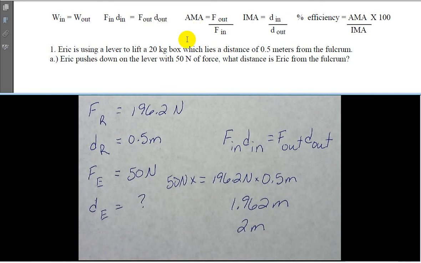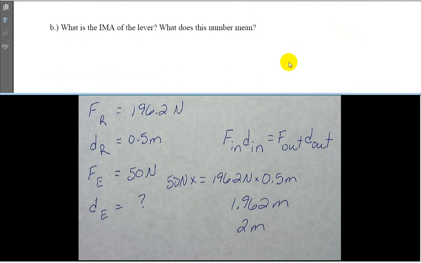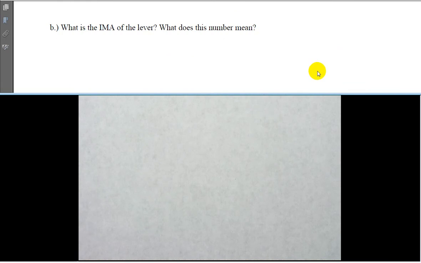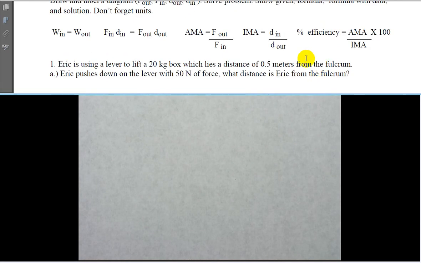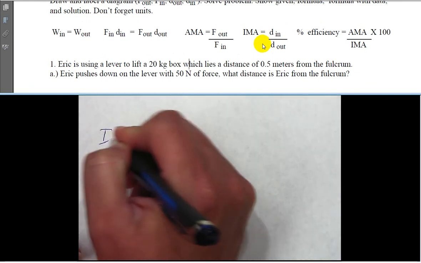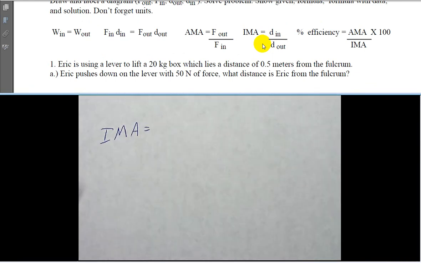Okay, so let's move on to the next one. What is the IMA of the lever? If you remember, IMA equals distance in.